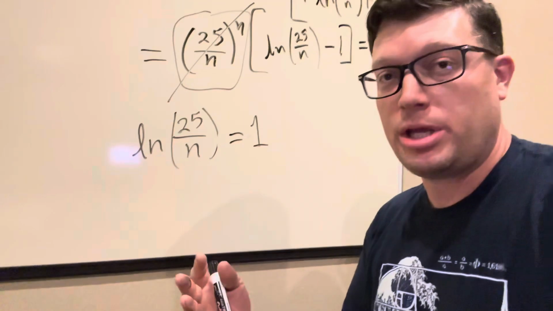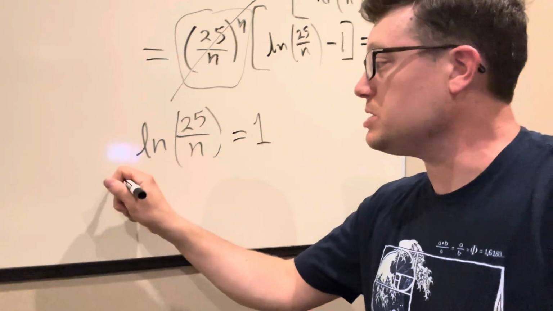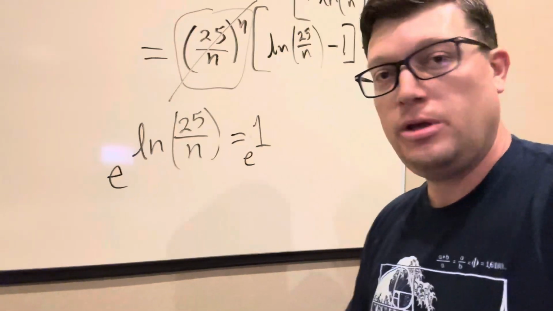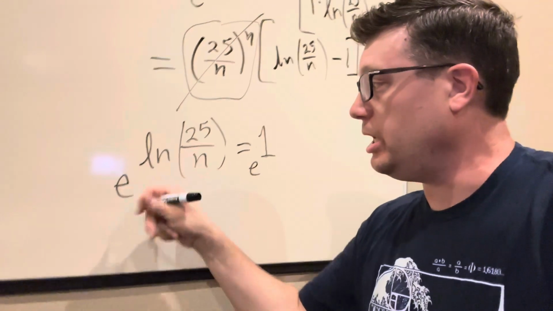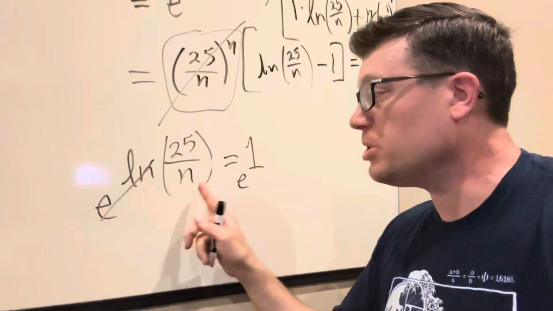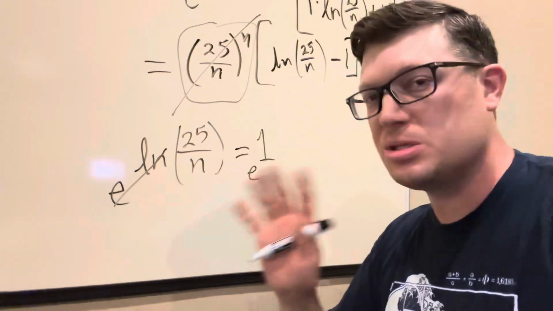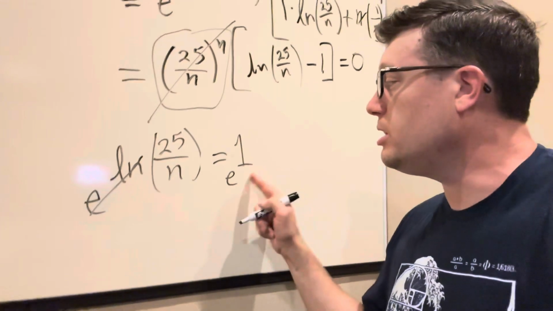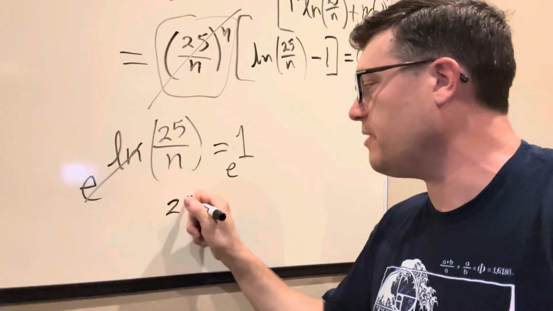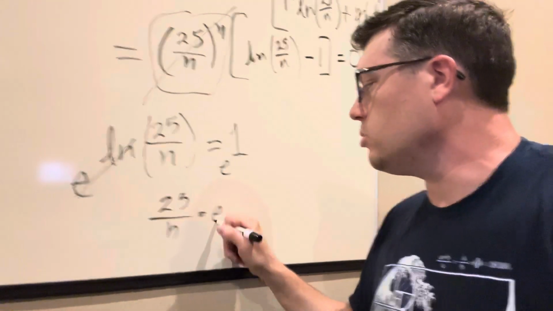The technique that I want to use here is to raise both sides to the power of e. That's going to make this e and ln reduce. We know this is always going to be positive. We're never going to be 0. So this is still within the domain restrictions that we need. And then e to the 1 is just e. So we have 25 over n equals e.